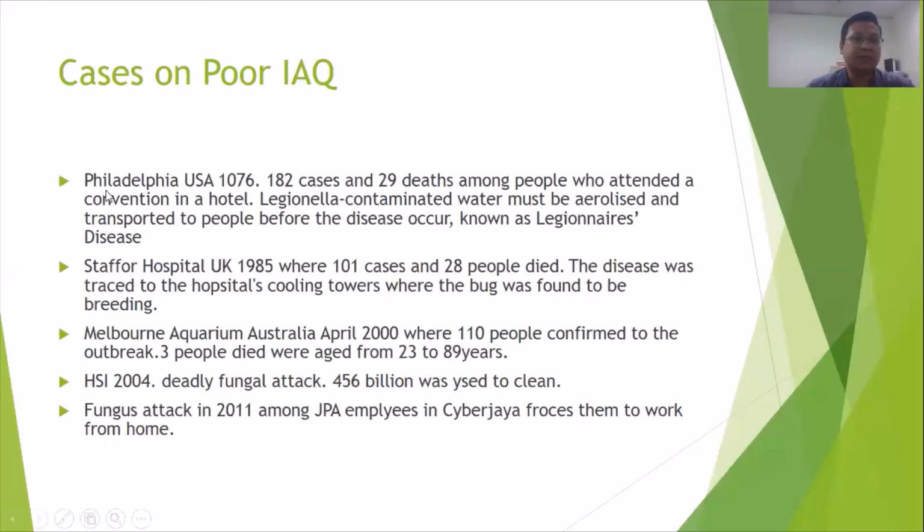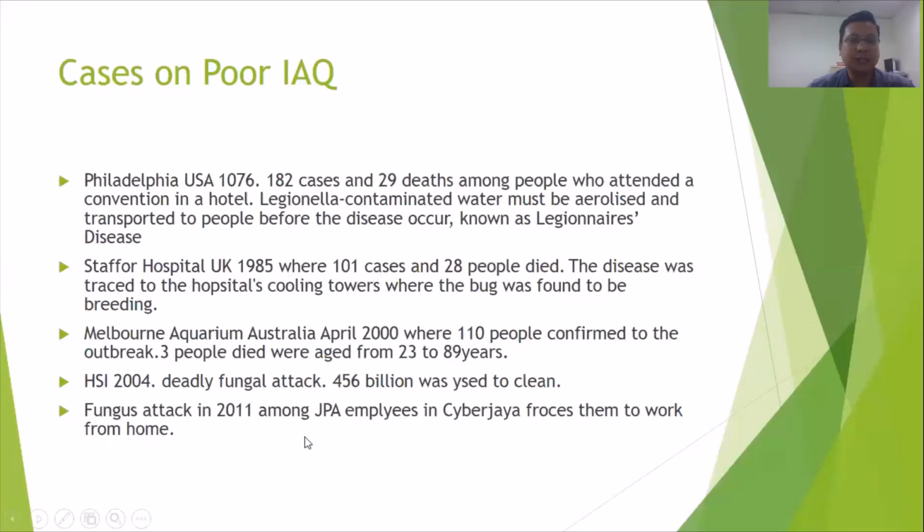So the first case, Philadelphia: 182 cases and 29 deaths among people who attended a convention in a hotel. So what happened? The water was aerosolized and transported to the people before the disease occurred. Another case, Stafford Hospital in the UK, where 101 cases and 28 people died, and so on.